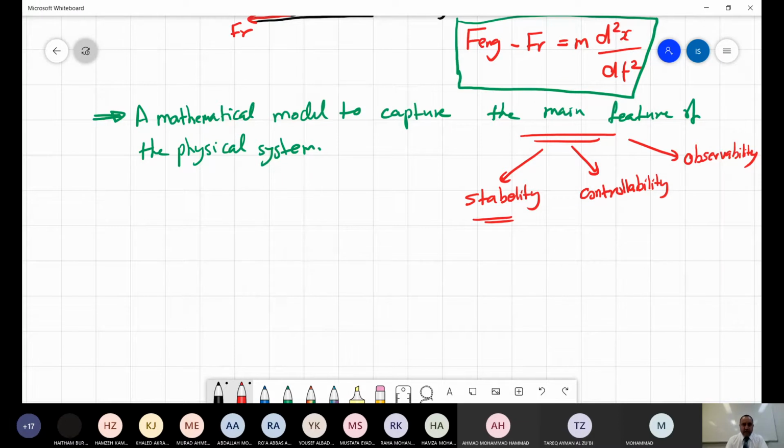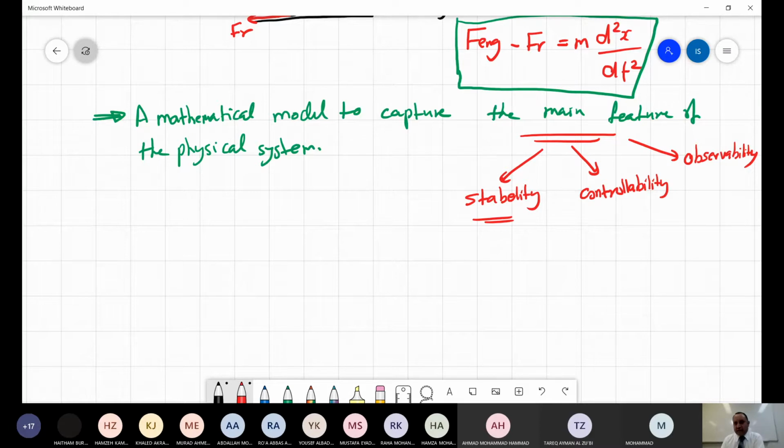If I'm having a set of equations and this equation tell me that the system is unstable, then that is unstable. If this set of equations tell me that the math is stable, then the physical system will be stable. But not the math tell me that the system is stable while the physical system is unstable. Here, it will be a very serious problem.